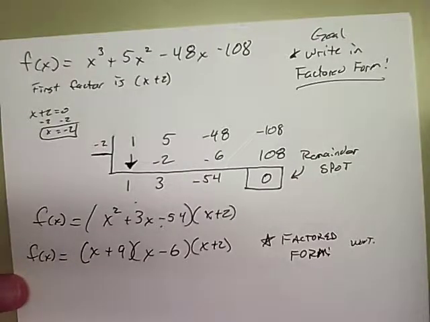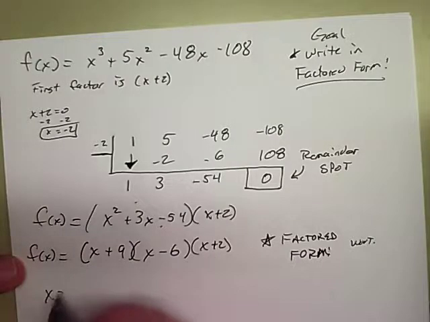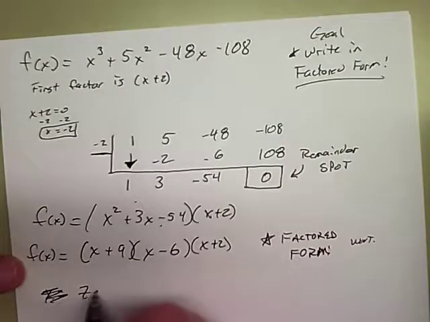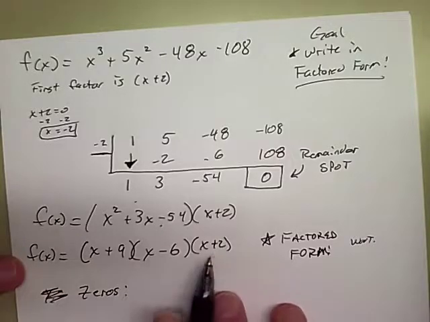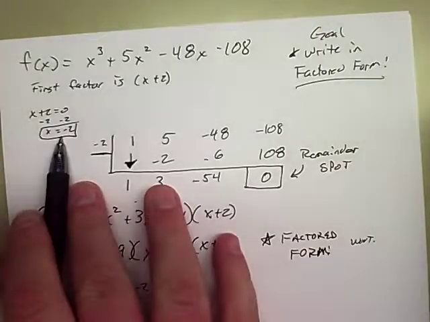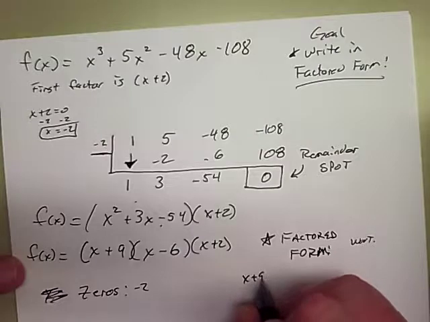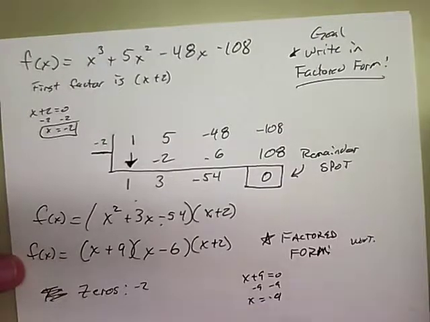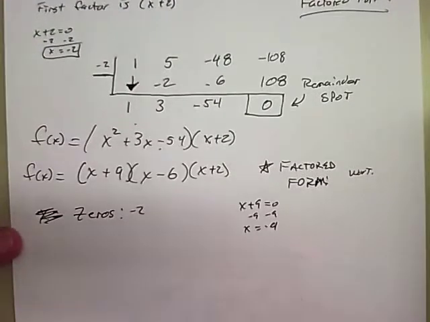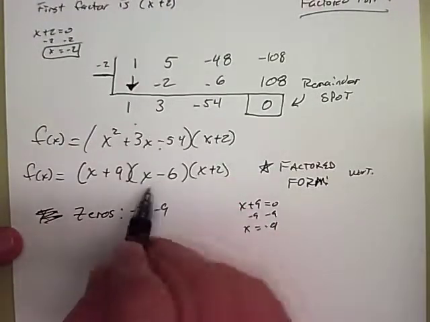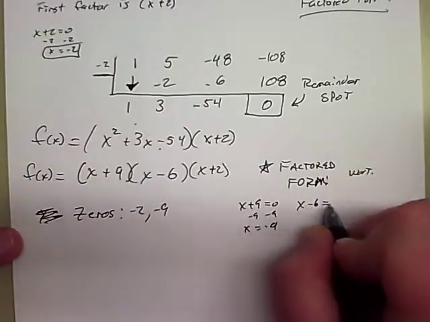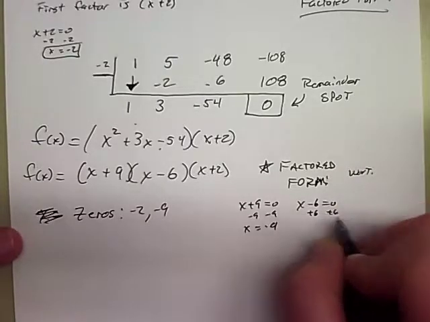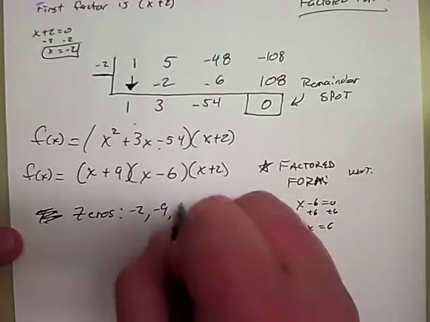All right. Now the last thing, I need to find my zeros. Well, I'm going to set each one of these equal to 0, and I already know this one, right? So when I'm going to state my zeros, I know this one is going to be negative 2. We did the work on it. So I say x plus 9 equals 0, minus 9, and x equals negative 9. So negative 2, negative 9, and now my other one, x minus 6 equals 0, plus 6, x equals 6.